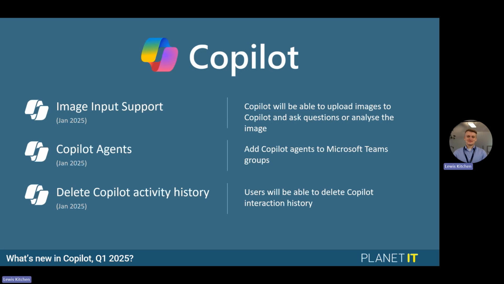They're looking to release Copilot agents. Like I said, this was announced in Wave 2 last year. There's a lot I could talk about with Copilot agents, but the first set of Copilot agent functionalities is coming in the form of Microsoft Teams. So you'll be able to add agents directly to team groups. So the best example that I use is you create a help desk agent.